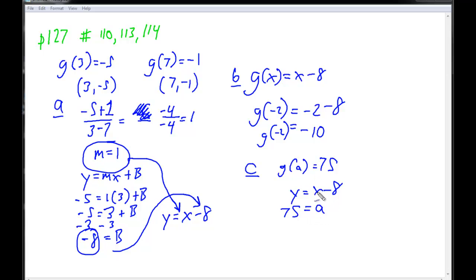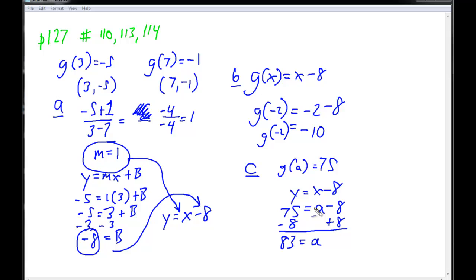I'm plugging a in for x minus 8, and then I'm going to add 8 to both sides, and that will give me an answer of 83. 83 is equal to a. So there we go. Looking pretty good there.